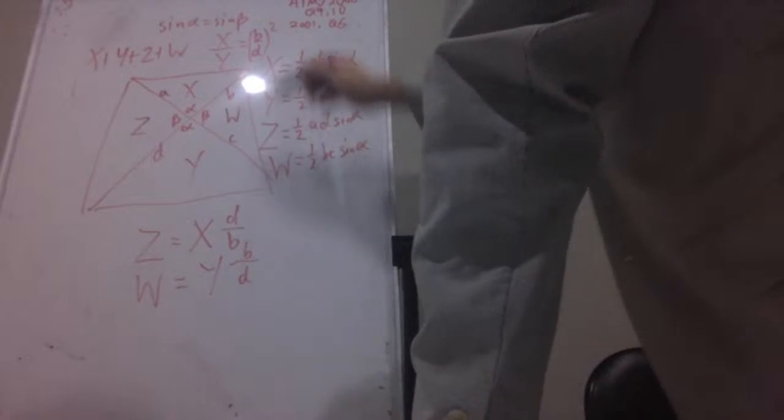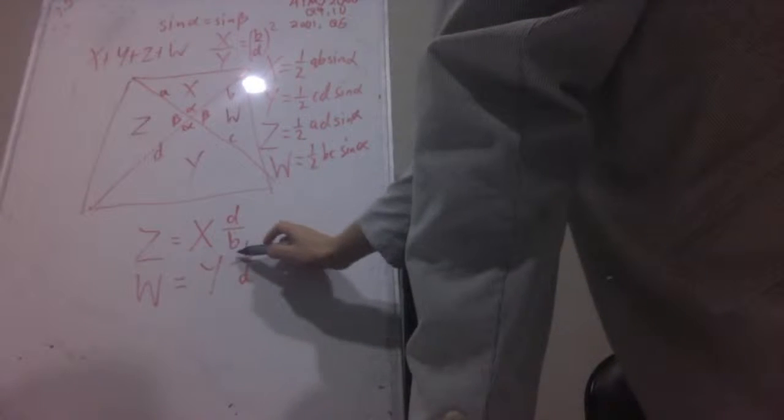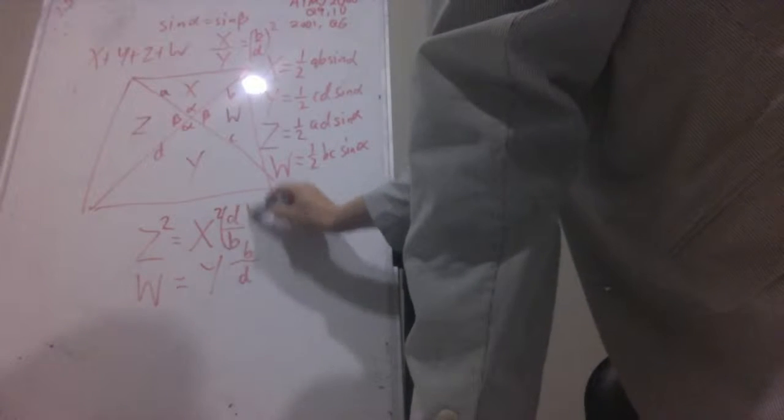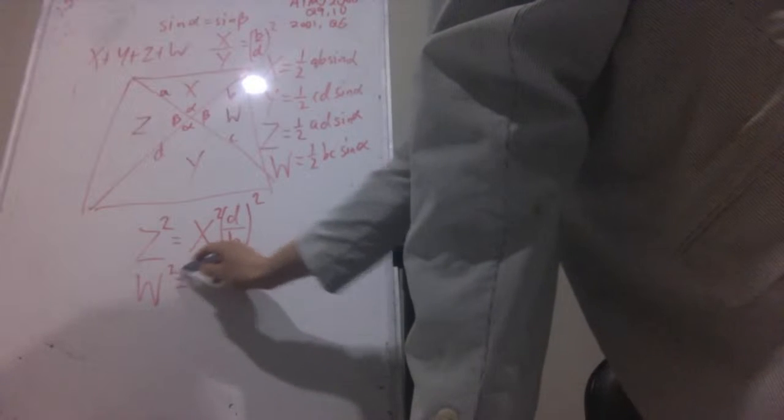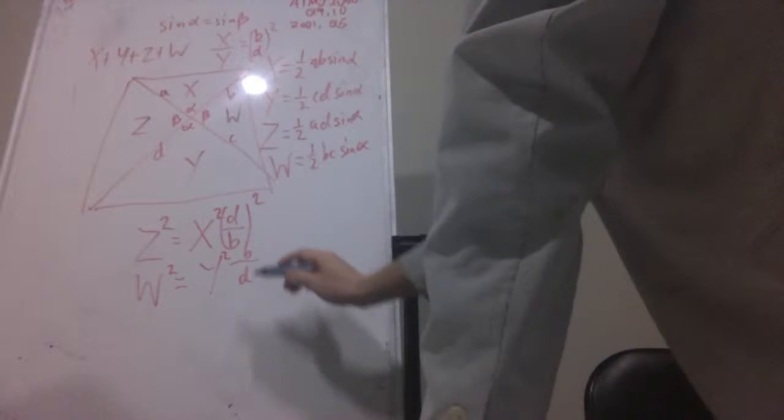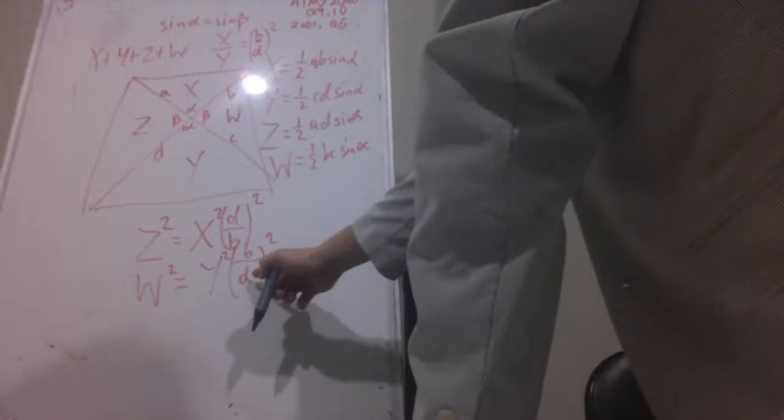So basically I'm saying that x on y is this square. So you can just square this, and this becomes this squared. And then b on d squared is just x over y.